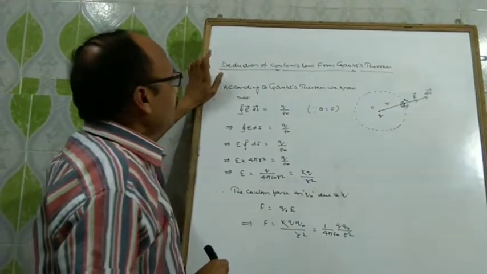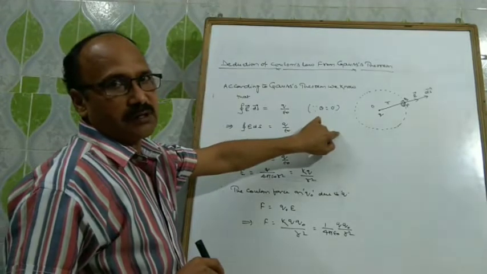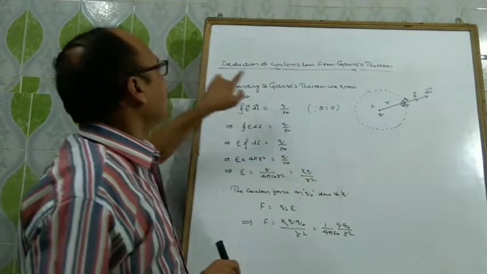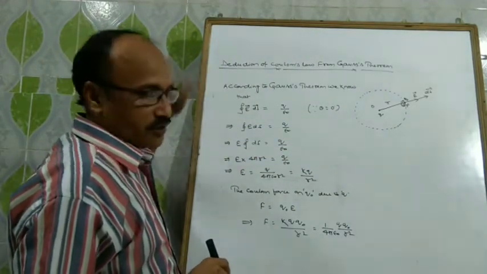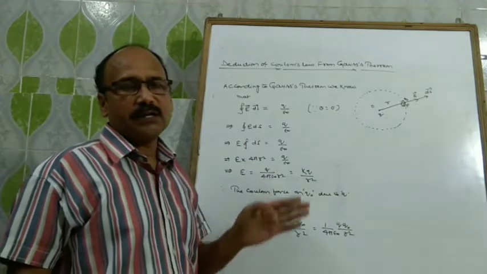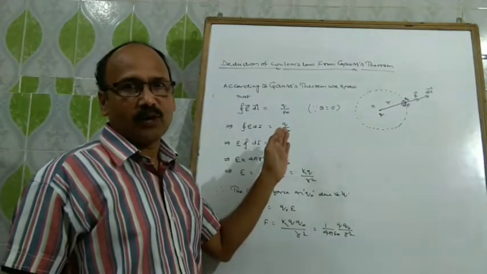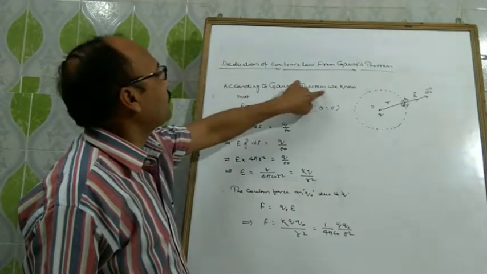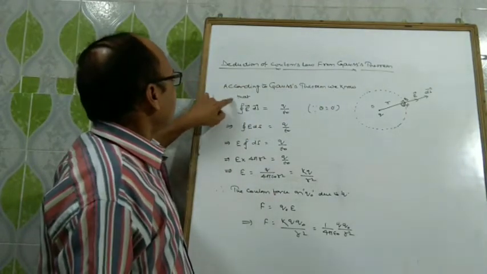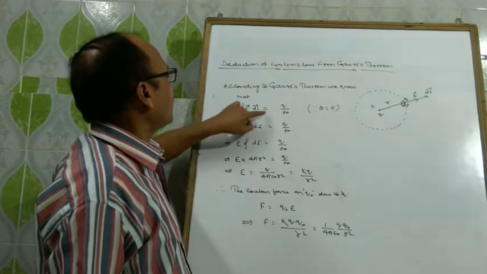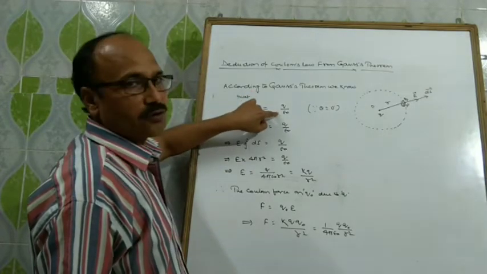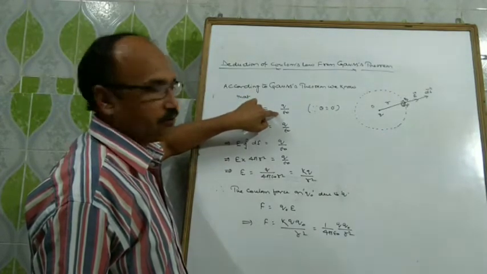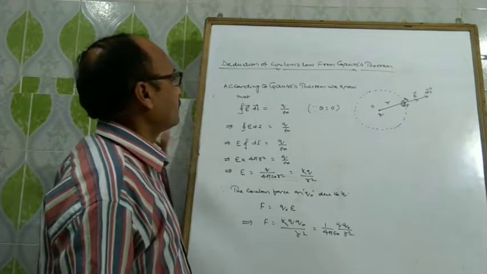So we have to derive here Coulomb's law from Gauss's theorem. This is very important. So many times it has come in board exam. According to Gauss's theorem, we know that closed surface integration E dot ds equals q upon epsilon naught. This is Gauss's theorem.